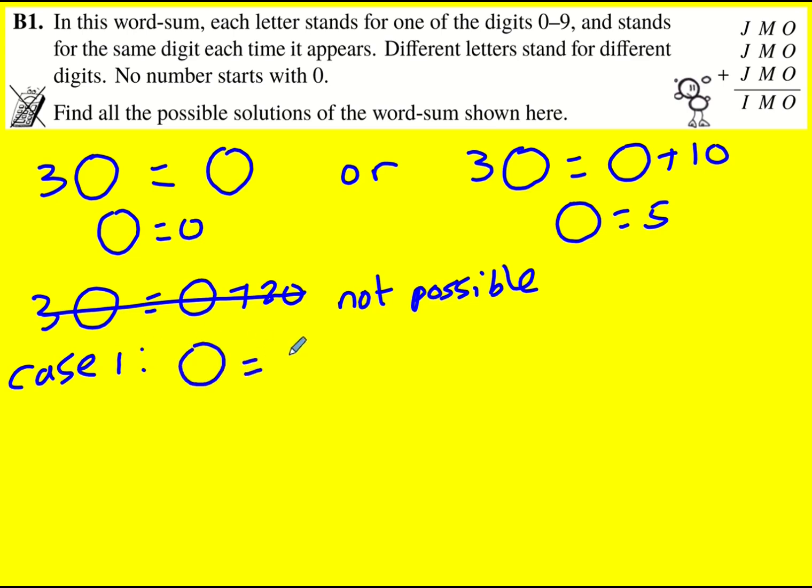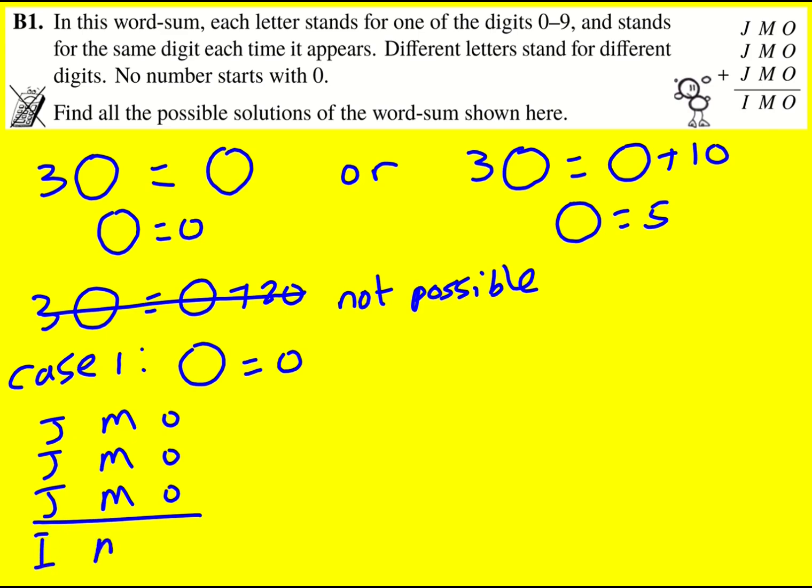O equals 0. Then I've got JM. Now this is actually a 0, and that will be a 0 as well. So I can do exactly the same thing with M, except we're told that different letters stand for different digits.